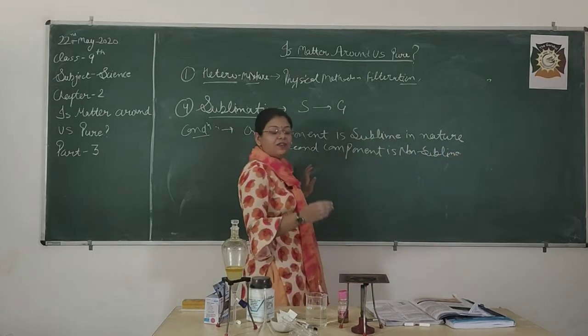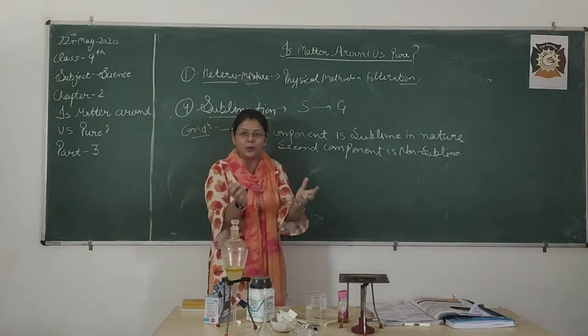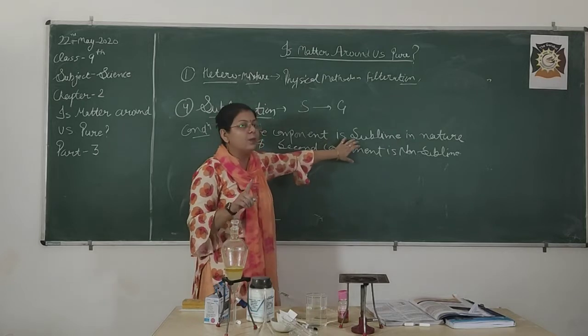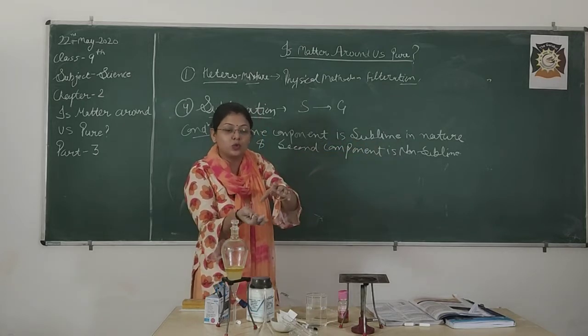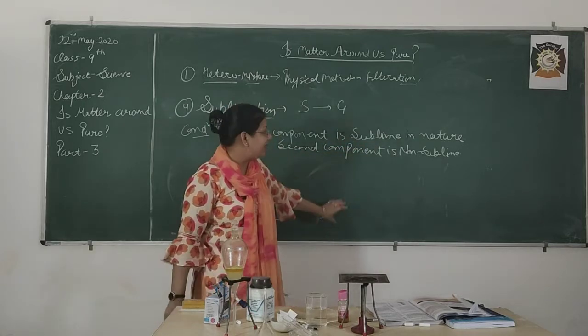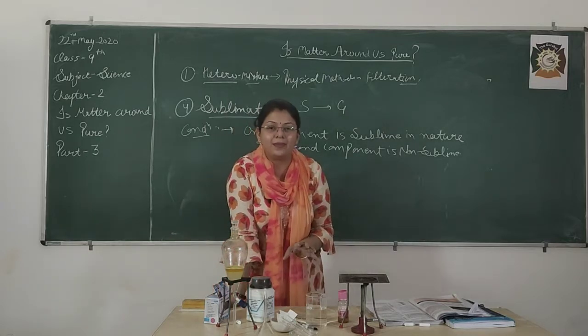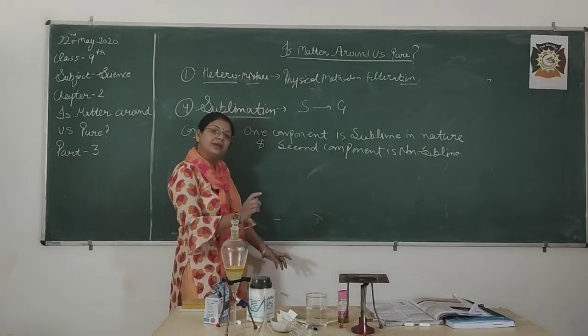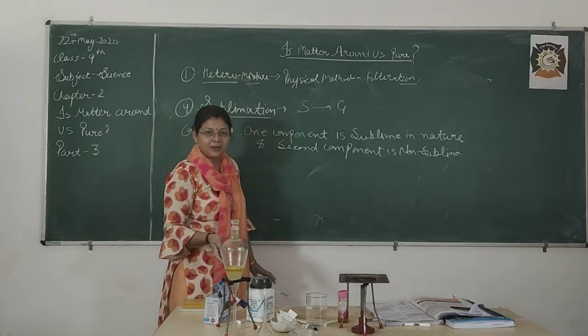That means if I have a mixture of two components, one should convert directly from solid to gas, while the other component is non-sublime, that means it is not going to convert directly to gas form. Then only you will be able to separate.